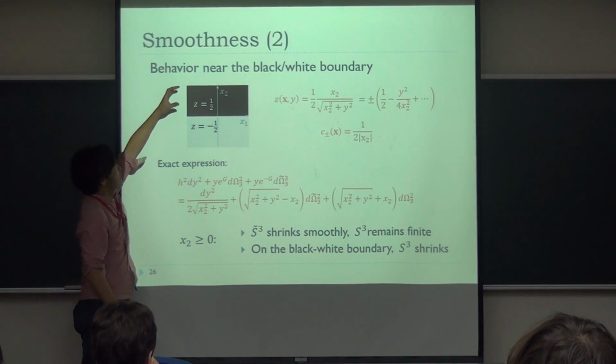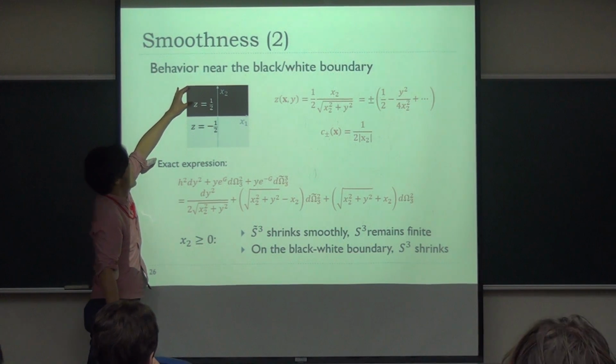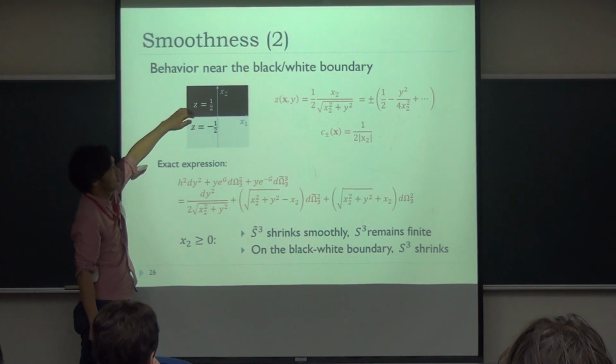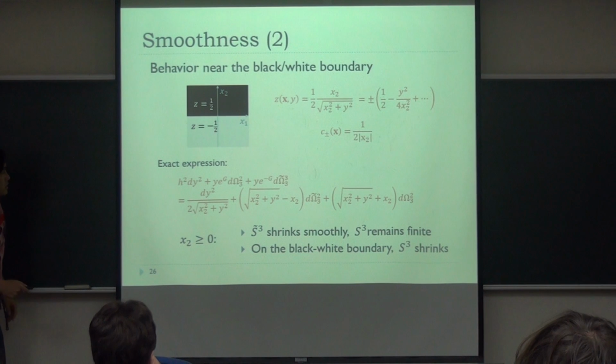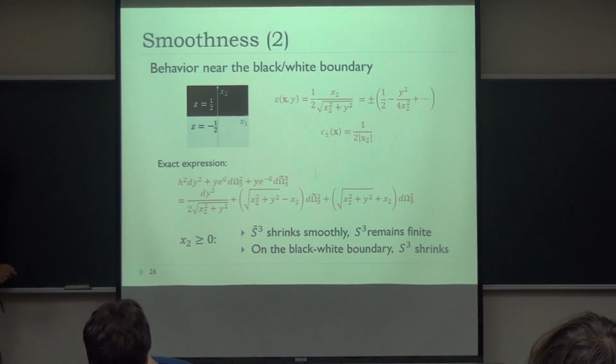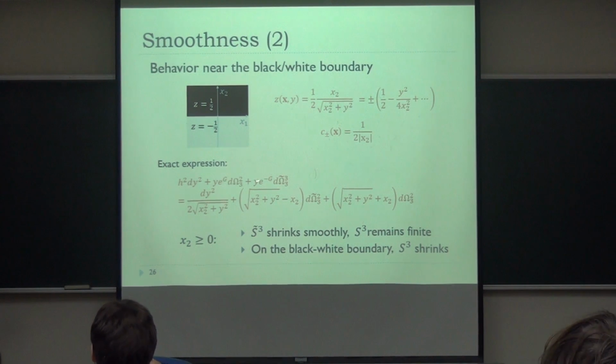And the radius of that finite S3 goes to 0 as you go to the boundary. And you can see the same thing from the exact expression. So you have this part, and if you just plug in the exact thing, you get this thing.